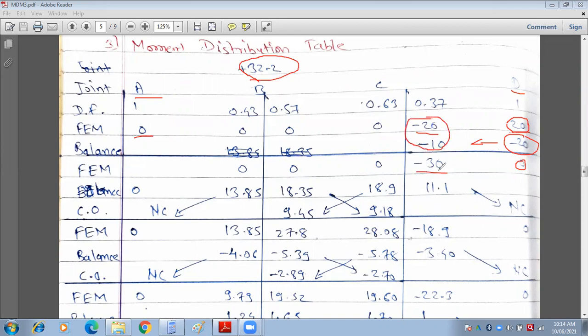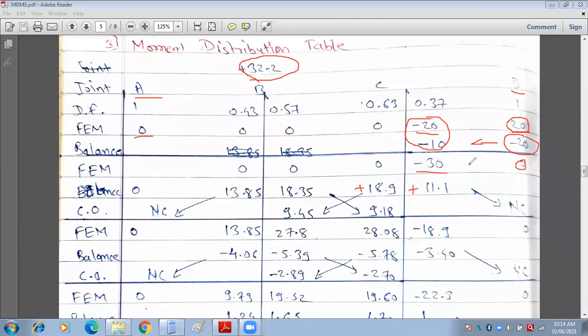Now once you have these values, we have to make the balancing step. And how to make the balance? The difference of these two terms, 0 and minus 30, is again minus 30. Minus 30 is the difference. That's why we have to apply the plus balance moment over here. Now the difference of these two is again minus 30.